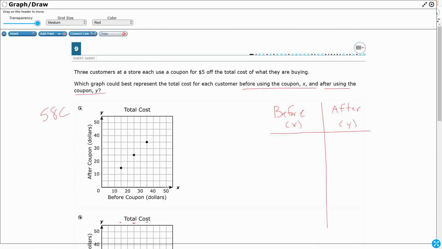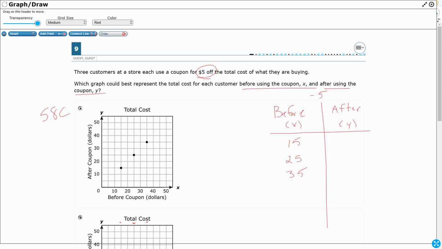All right, so for the coupon, what happens if it costs $15, $25, $35? Well, there's a coupon for $5 off. So what I need to do is take away $5. It's an additive relationship. You're going to add -5 or you're going to subtract 5.